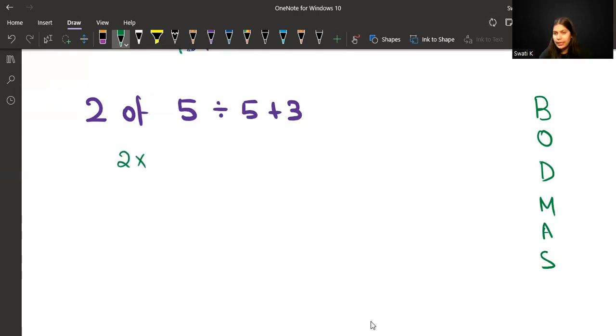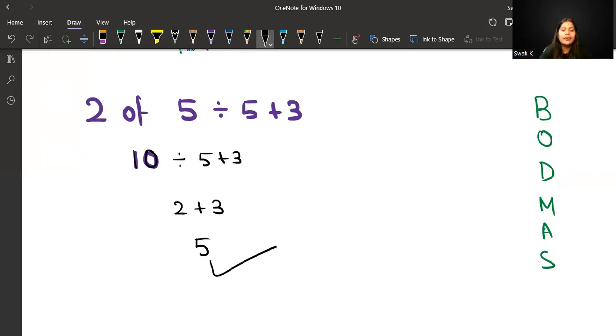So 2 times 5, if you want, you can solve it directly. Don't write down the multiplication sign and do it in the next step. No, 2 of 5 is 10 because you just have to multiply this. So yes, this is 10 and then divided by 5 and then plus 3. Now do the division part first, which is 10 divided by 5, which is 2, and 2 plus 3 is 5. So 5 is the answer.